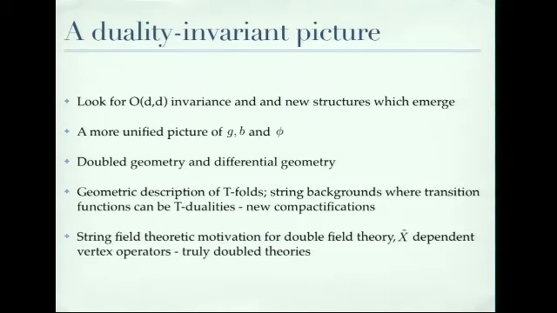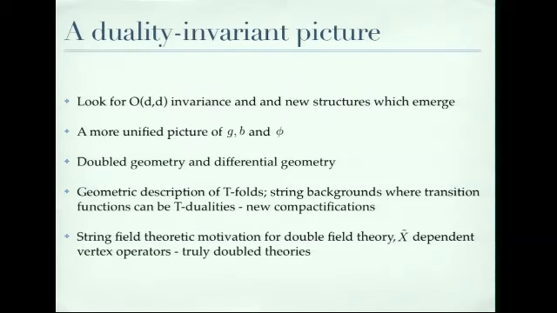So T-folds, it's a similar idea to an ordinary manifold, where you have different patches, and in the patches you can patch together with diffeomorphisms or gauge transforms, and here we can generalize the transition functions to also include T-dualities, and look at the possibility of getting new compactifications, and also just these T-folds, which in the ordinary undoubled string language are no longer geometric because we have these T-duality transition functions. In the doubled picture, they become geometric.